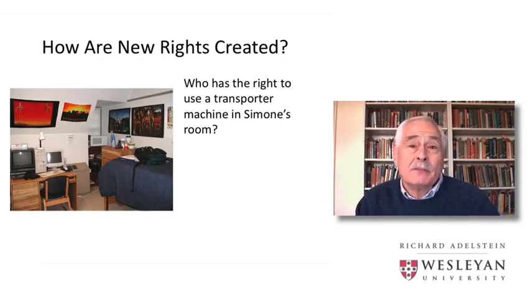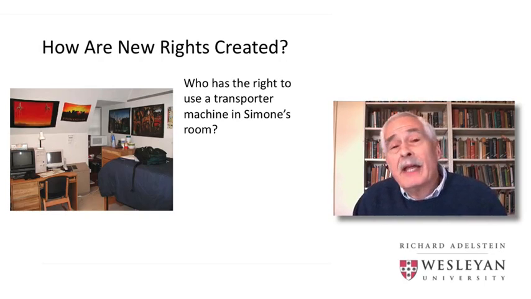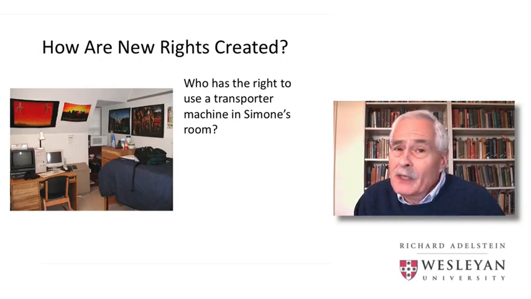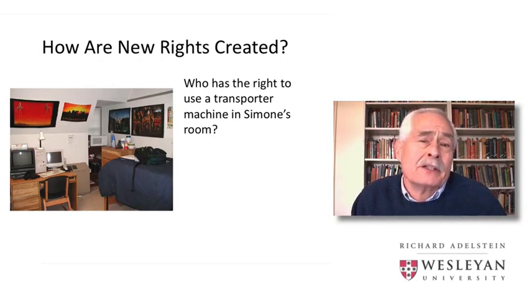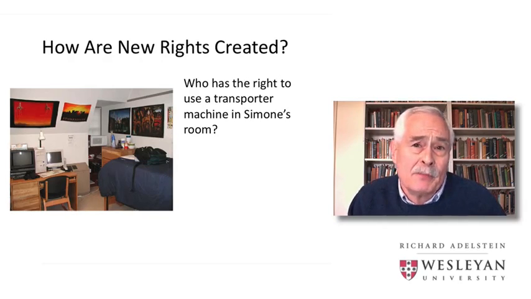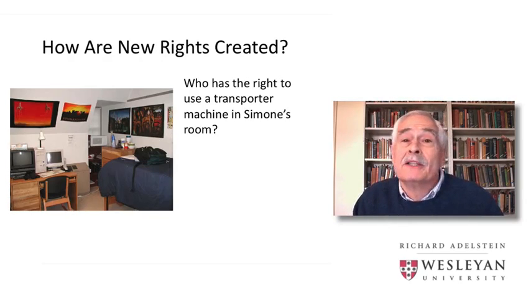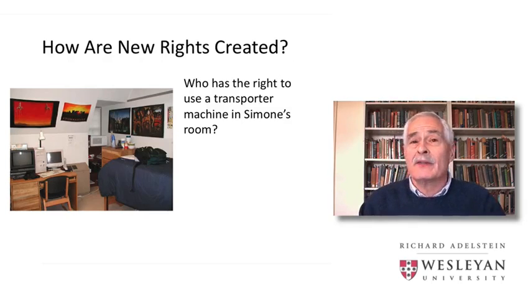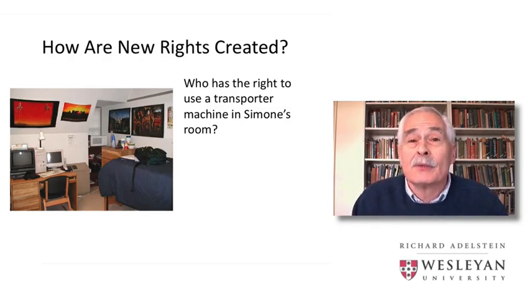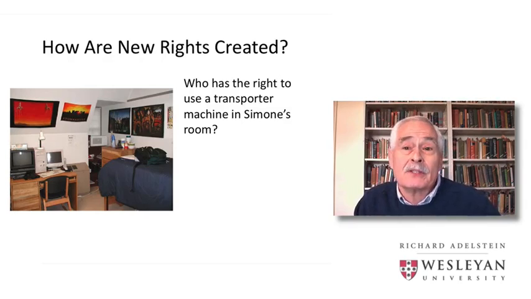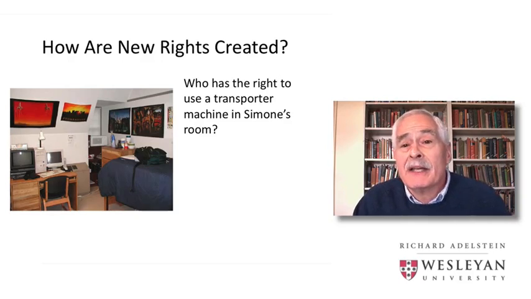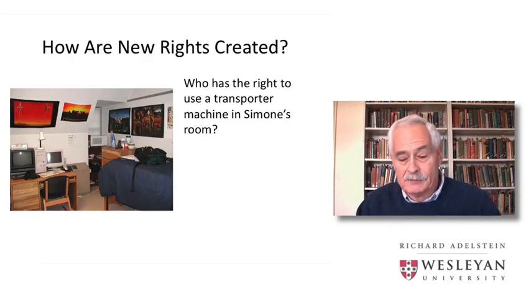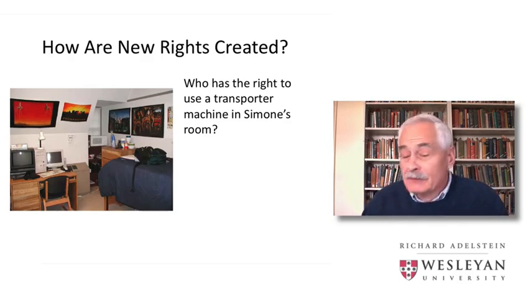If Simone takes this point of view, then the neighbors may decide to yield. "Well, okay, Simone, we'll recognize your right to do this just to keep the peace." But they too may say, "No, sir, we don't want to submit to this. We expect to be able to use our room in the way that we contracted with Mike to use the room. We expect to be able to study, and Simone, by using the transporter machine, has made it impossible for us to do so." And so what will happen?